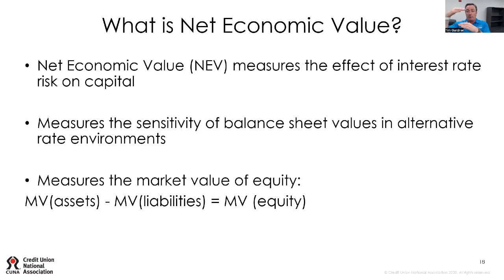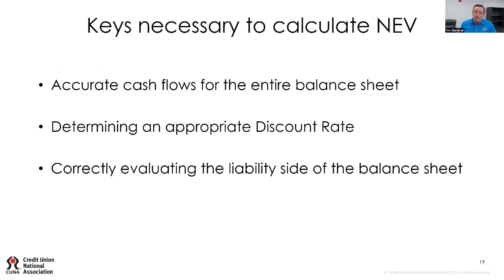And so the difference between those two would be the market value of my equity, the market value of my capital, the market value of my net worth. And that, ladies and gentlemen, is what is called net economic value, NEV. So it's going to evaluate the risk that I have in my balance sheet.